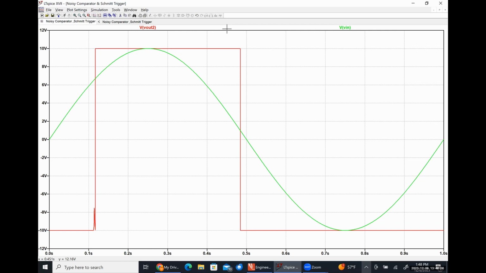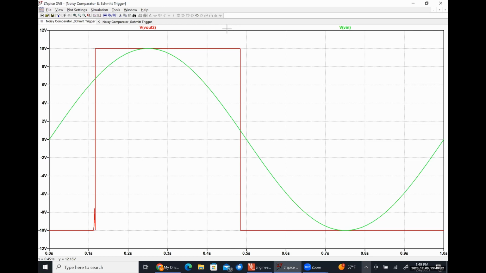V_D is always the potential difference between the voltage at our non-inverting input terminal minus the voltage at our inverting input terminal. So whenever V_D is positive, our output voltage will be VCC plus. Whenever V_D is negative, our output voltage will be VCC minus, because our open loop voltage gain is so huge that it causes saturation.